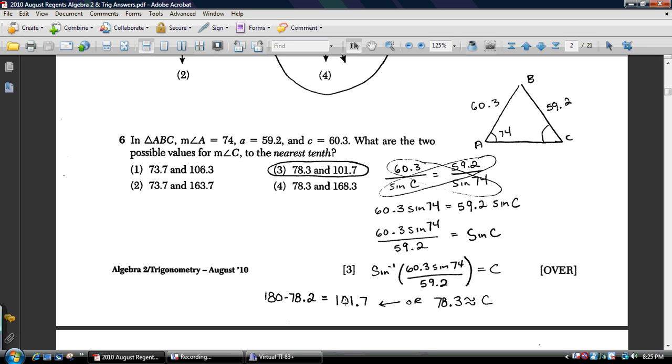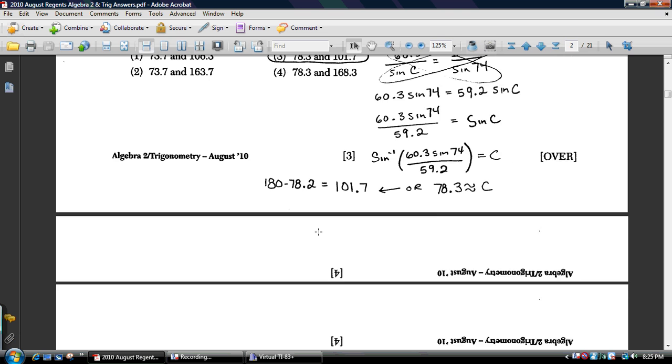That's always the case with the law of sines, so be careful. So two possible values are 78.3 and 101.7. Remember, always check the supplement of the angle that you get with the law of sines. It's another possible alternative for the problem.